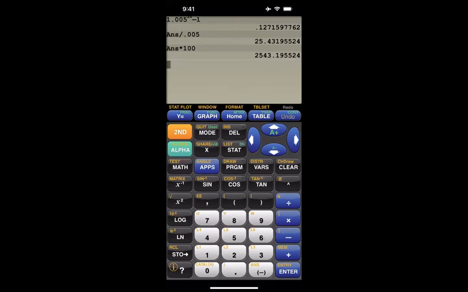What you have to remember is that fraction at the beginning of the formula, the numerator is 1.005 to the power 24 minus 1. And if you're determined to put all of that in at once, it has to go in parentheses. So another way to do it would be like this.